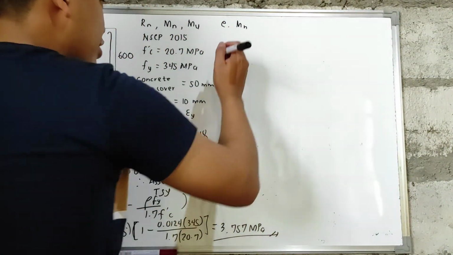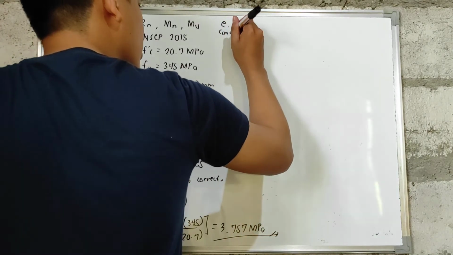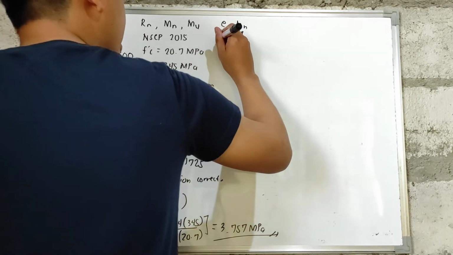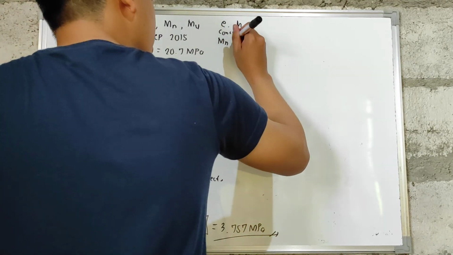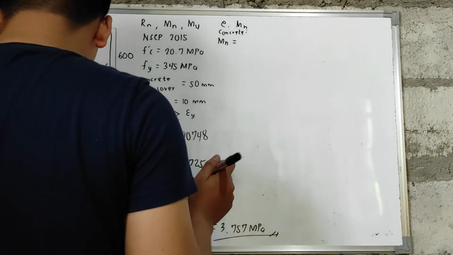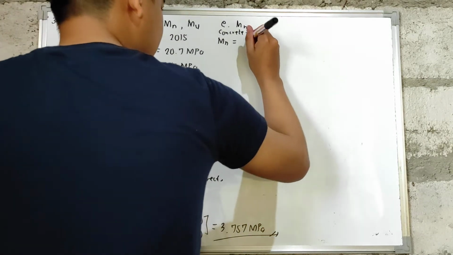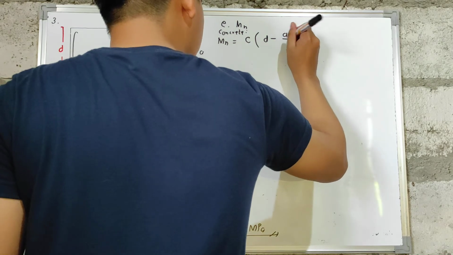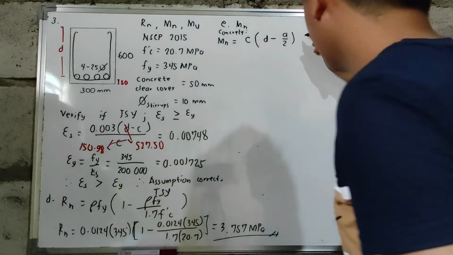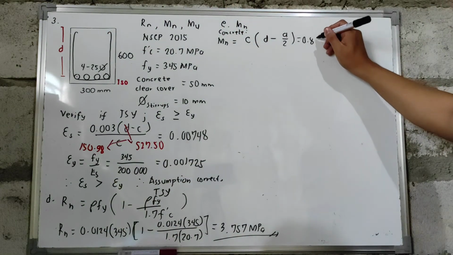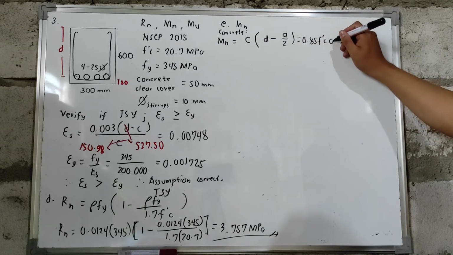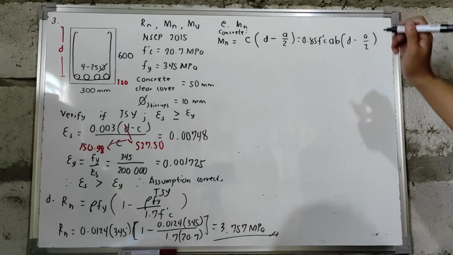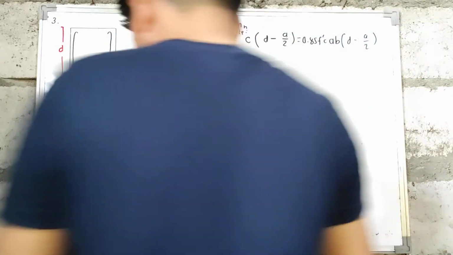So kung sa konkreto yung gagamitin natin, ano yung formula natin dyan? So that will be M sub n is equals to yung C natin multiplied by yung moment arm natin na D minus A over 2. Yung C natin, that is 0.85 F prime C, A multiplied by B, times D minus A over 2.